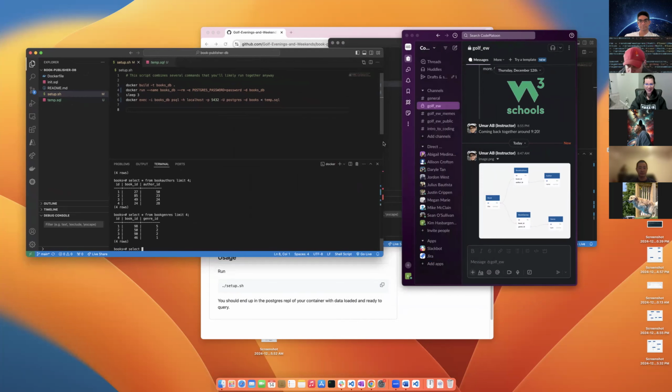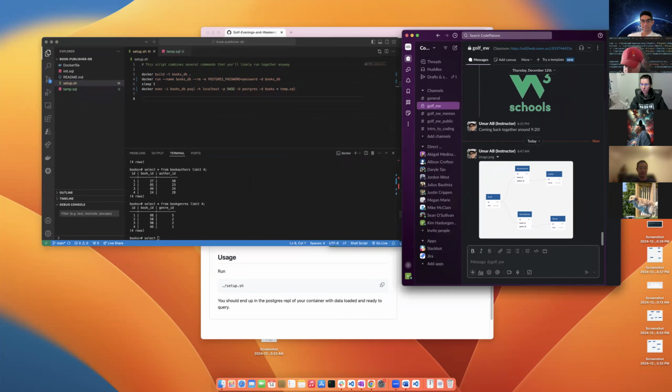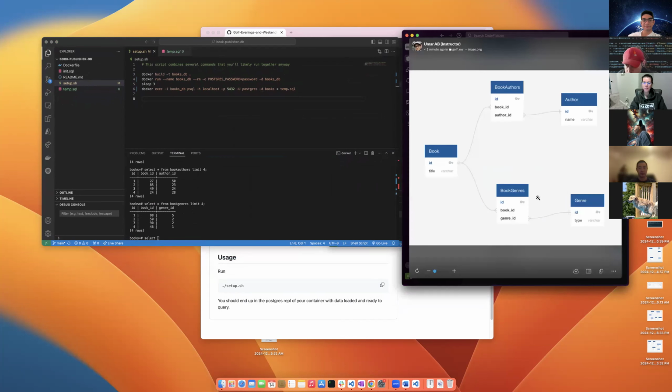And if you click on the image, you should be able to make it larger. Okay, there we go. So, given the name of an author, what are all of the books that they've written?